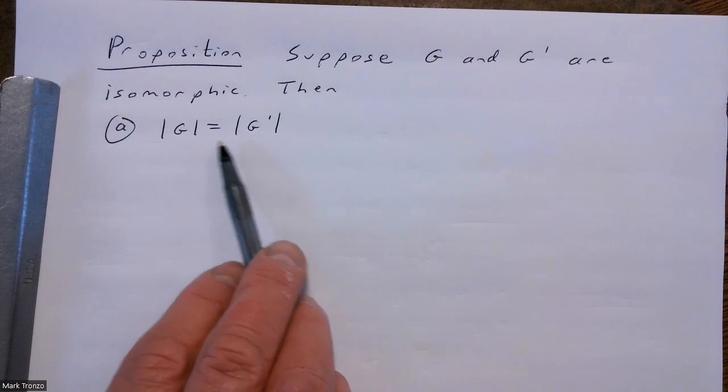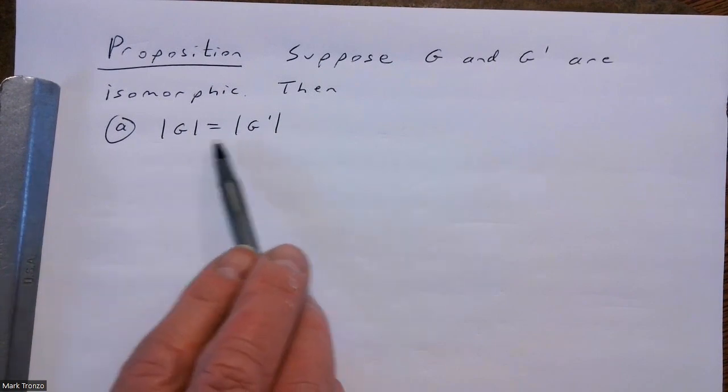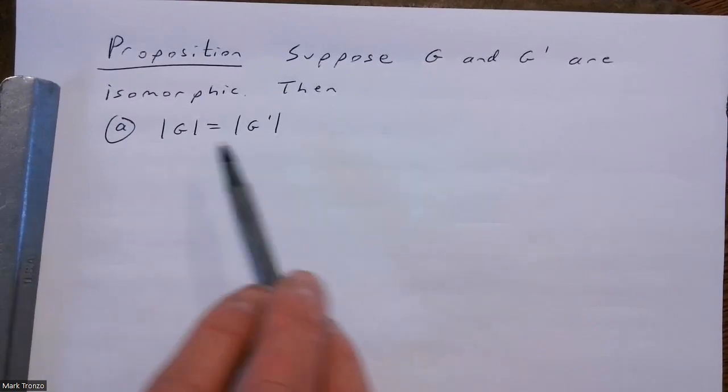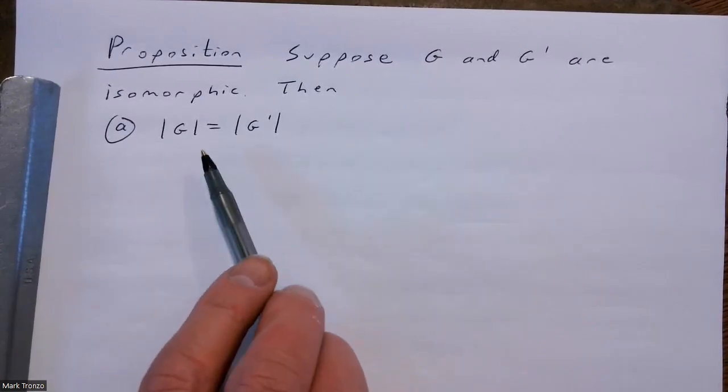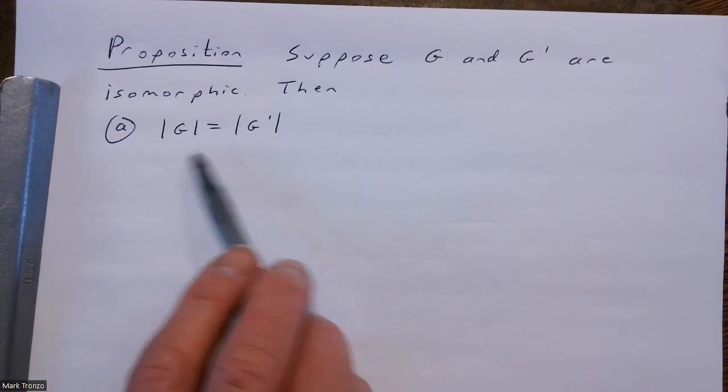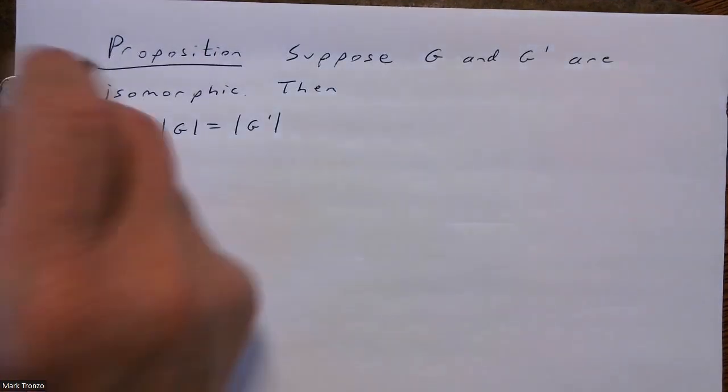If something is one-to-one and onto, well, first of all, the fact it's one-to-one means there's going to be a one-to-one correspondence. So you would expect the number of elements in the groups to be the same.